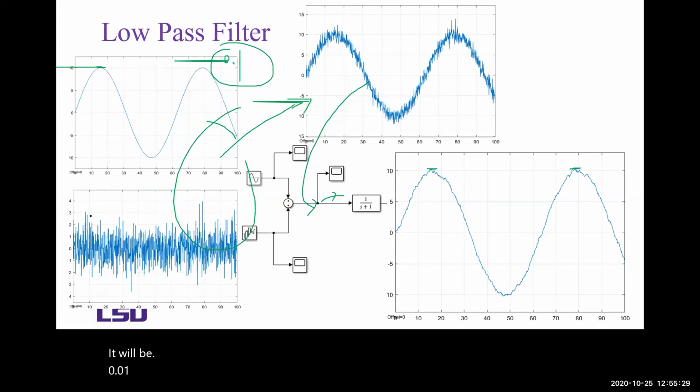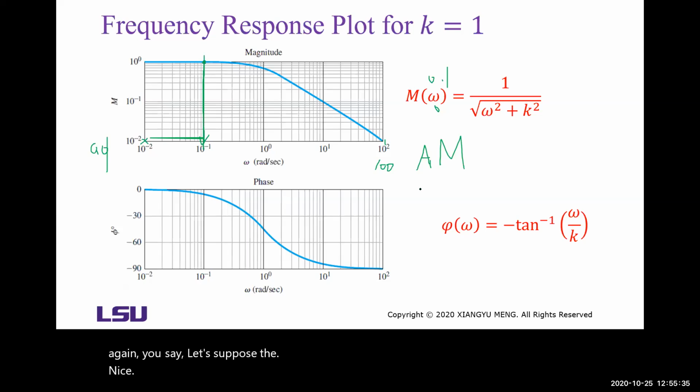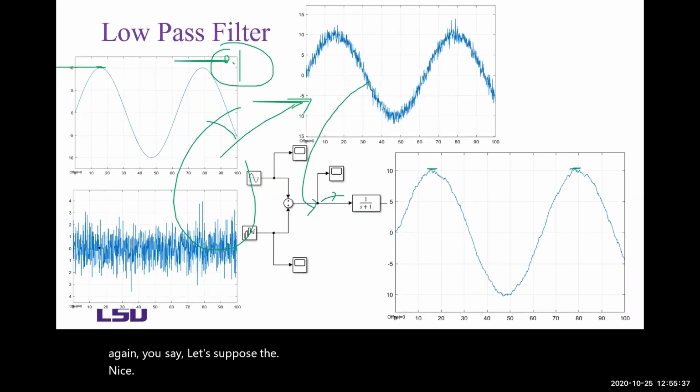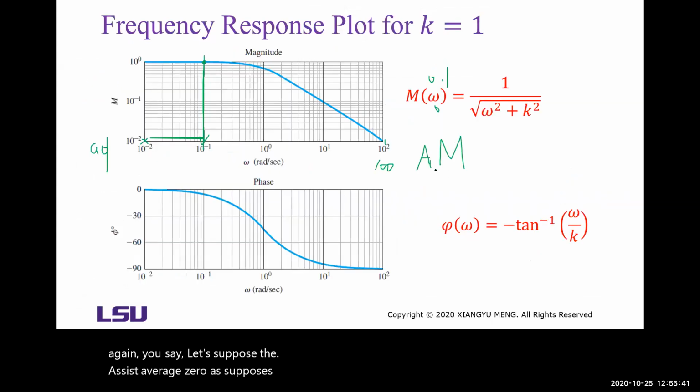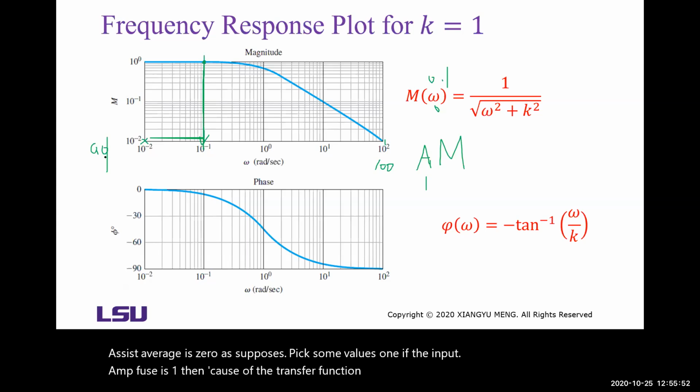Let's suppose the noise average is 0, and I pick some value, 1. If the input amplitude is 1, then because of the transfer function at this high frequency, the amplitude will be 0.01.